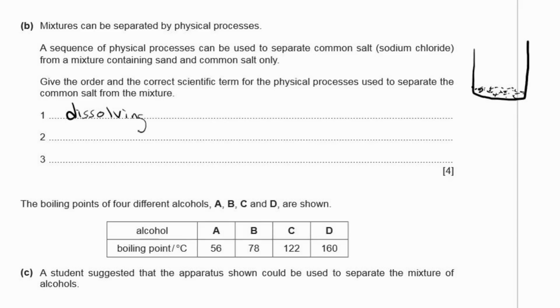So the process you're looking for is called dissolving. The second thing you'd want to do is, you have salty water and sand, so you'd want to filter out the sand. That's filtration. And third, if you want to get pure salt, you can remove the water by evaporating the water or crystallizing the salt.